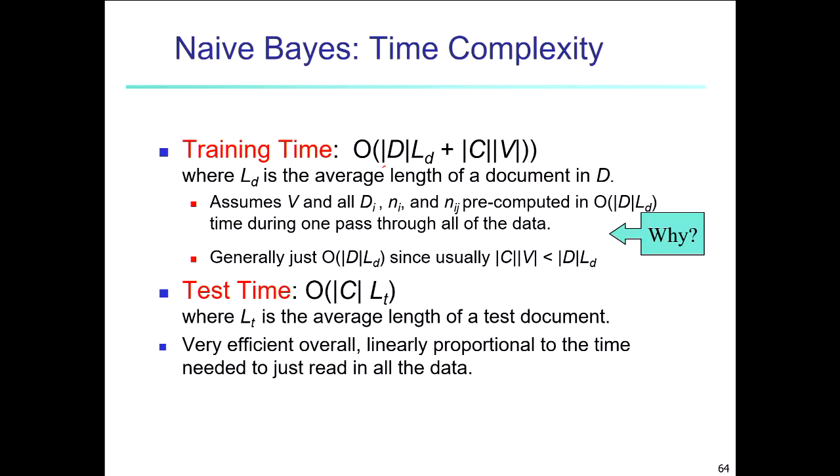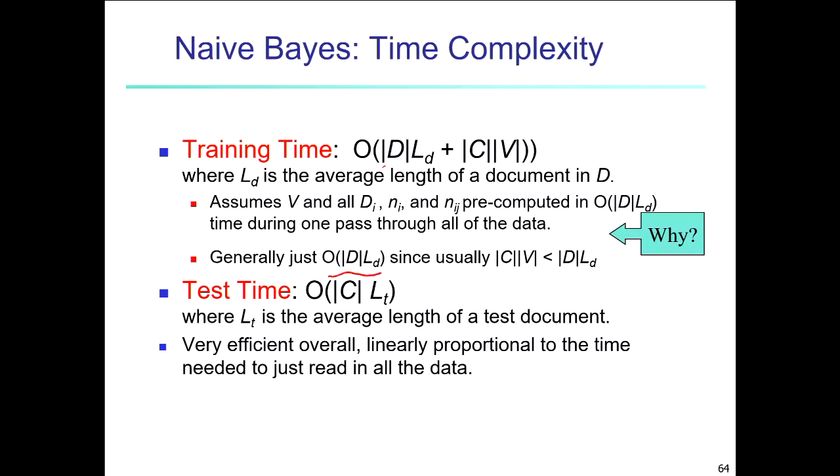And C is the total number of classes, and V is the vocabulary. So CV is the cost that occurs when you compute the likelihood. And generally, because CV is smaller than D times LD, we usually only need this part.